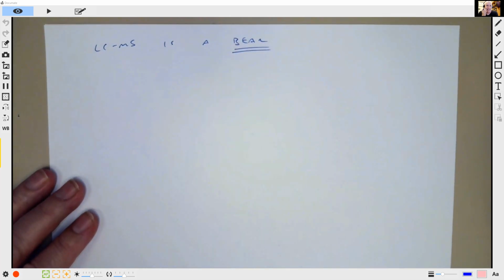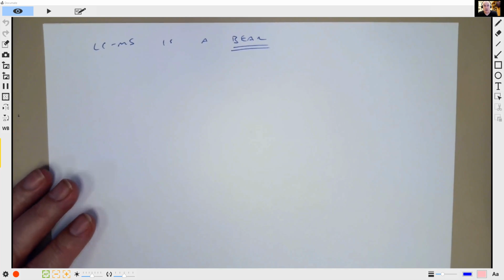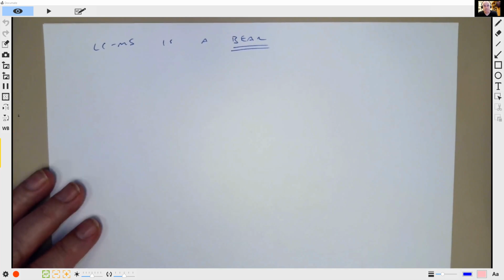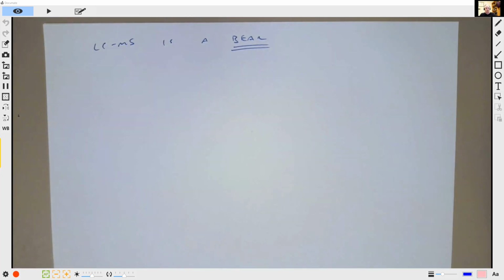It's just not easy. Even after, you know, like 40 years of electrospray, it's still not easy. And there's lots of things that just do not spray. I mean, you can make the molecule and you can inject it and you just see nothing.